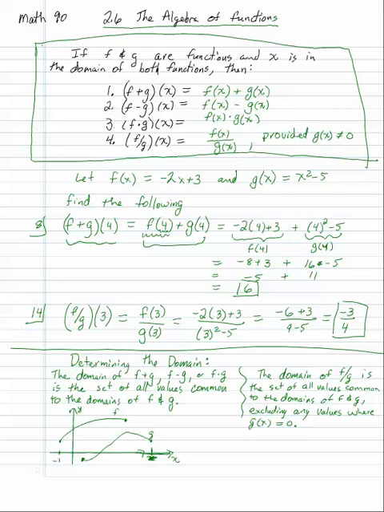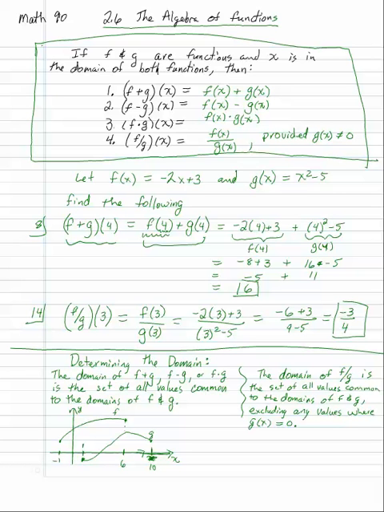Okay, so now determining domains of functions. The domain of f plus g, f minus g, and f times g is the set of all values common to the domains of f and g. So for this graph that I've drawn here, say the domain of f would be from negative 1 to 6, and the domain of g would be from 1 to, say, 10.